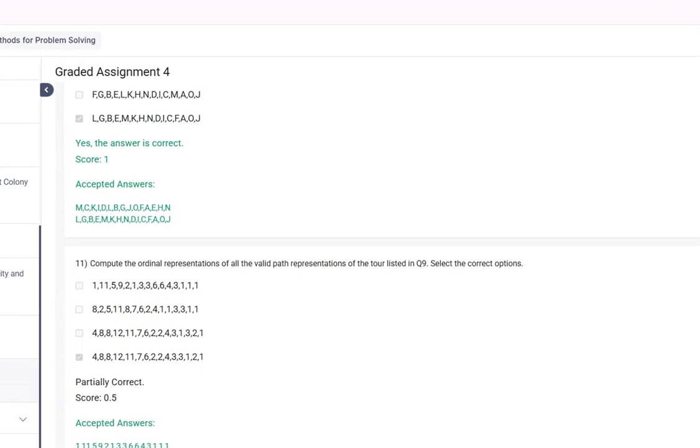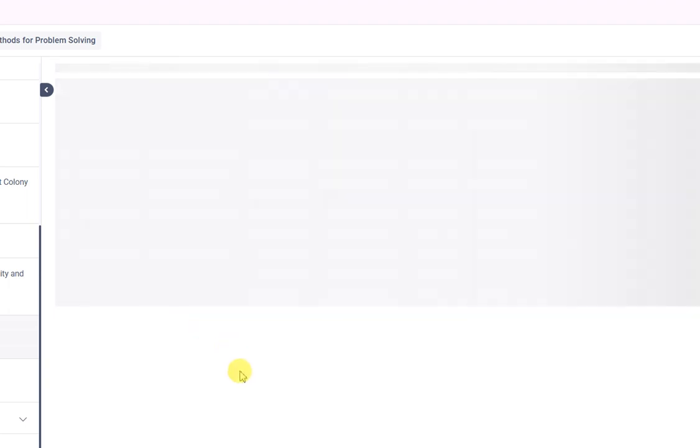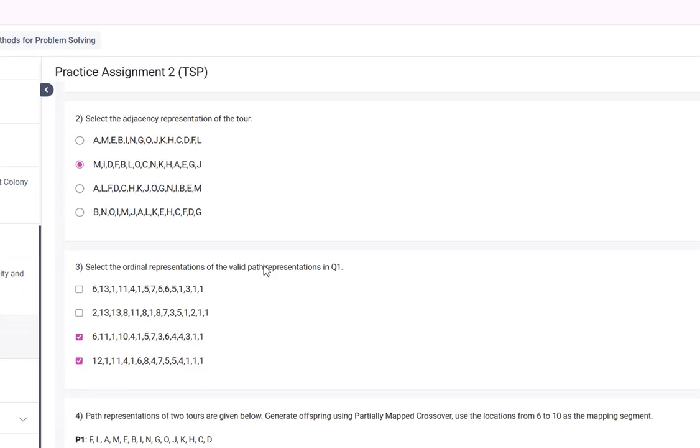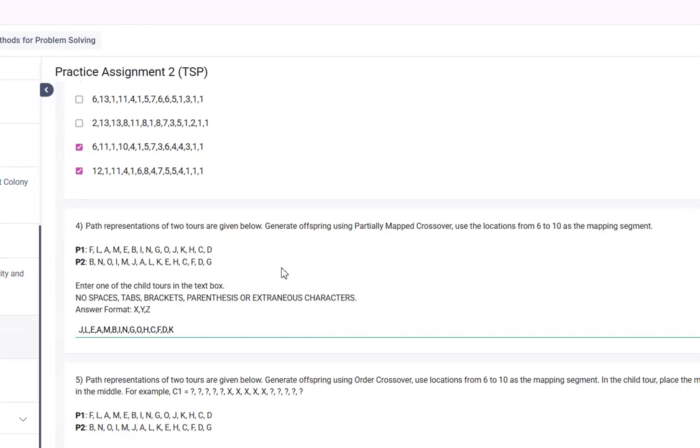So here also, what was the question? The question was, there is a given path representation. We need to do partially mapped crossover from 6 to 10. We will write it from P1. For the C1 side, we are going to put this BINGO from 6 to 10, and the remaining cities we will copy from P2 to C1.